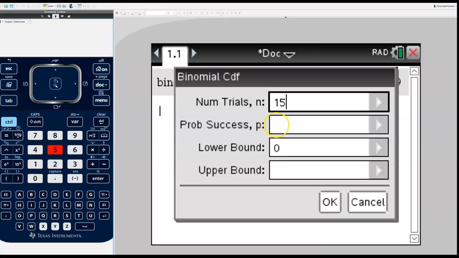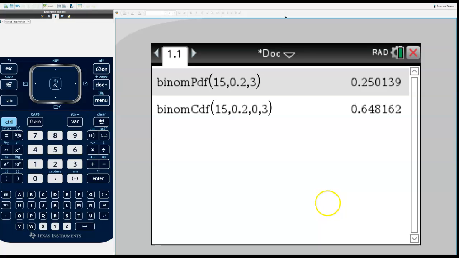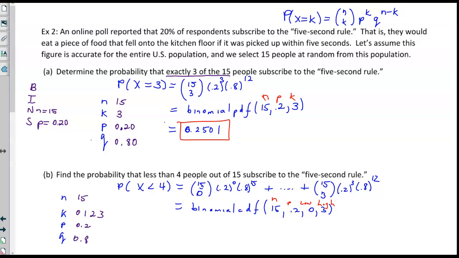So it's 15, 0.2, the low was 0, and the high was 3, and I hit OK. And I get 0.6482. And let me box that in.